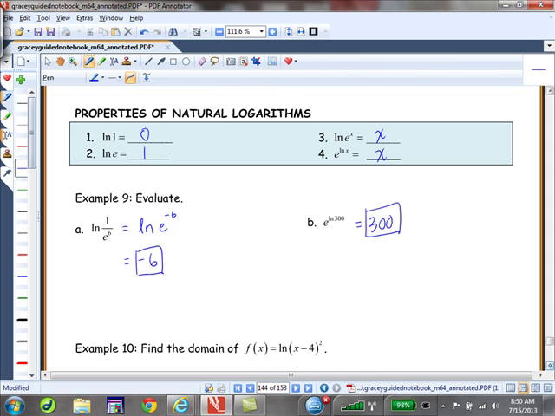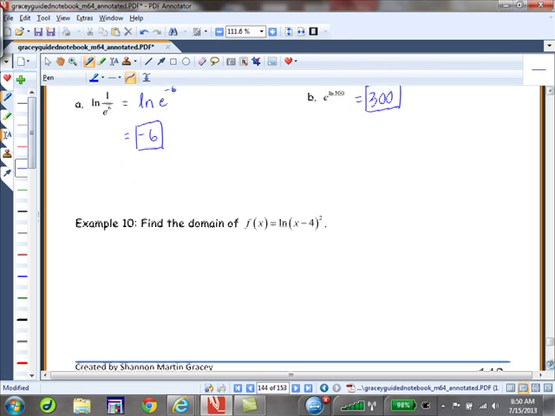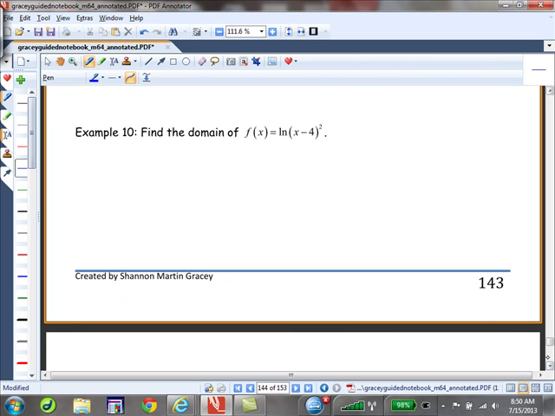Okay, so here we go. Example 10. Find the domain of natural log of (x minus 4) quantity squared. So this one's going to be a little different because we're squaring the quantity that's in the log. So we just have to think, okay, (x minus 4) squared has to be greater than 0.